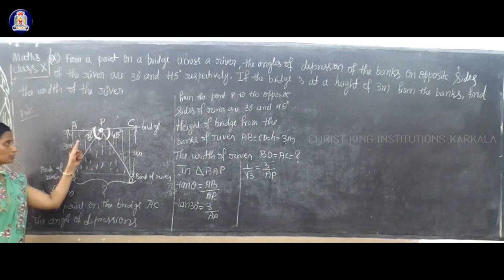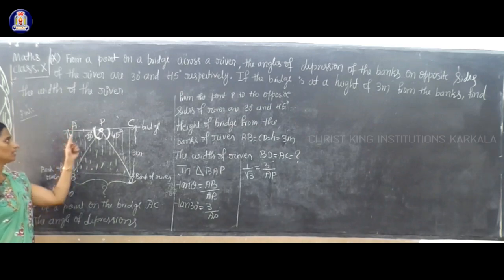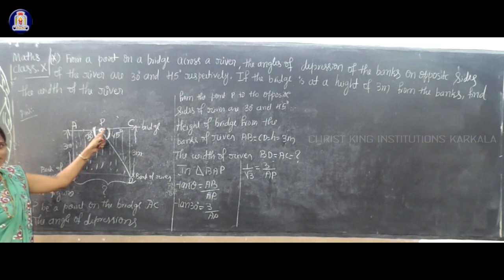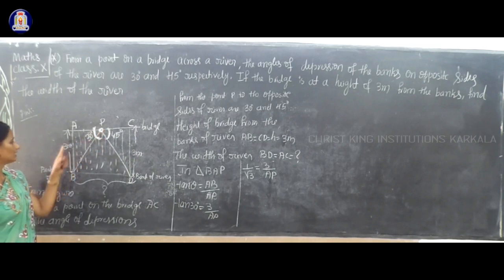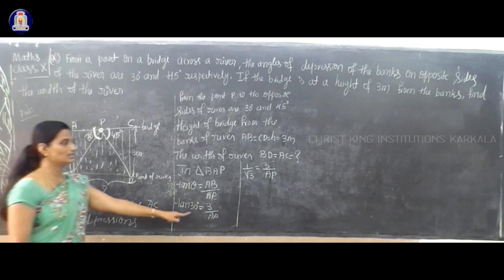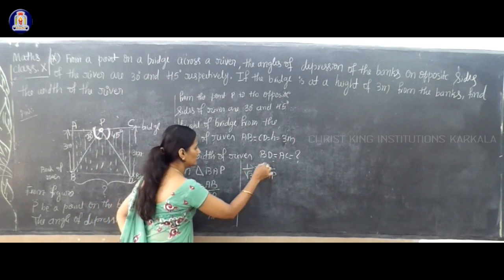So I apply the trigonometric ratio for triangle BAP. Tan theta is AB divided by AP, opposite side divided by adjacent side. Tan 30 equals 3 divided by AP, and tan 30 is 1 by root 3. Cross multiply.